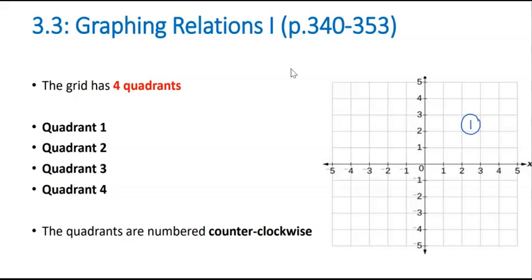That's our most popular quadrant where we would see the majority of graphs, like in the newspaper or on the news. Quadrant 2 is where we have negative x values and positive y values. Quadrant 3 is where we have negative x and y values. And quadrant 4 is where we have our positive x values and negative y values.